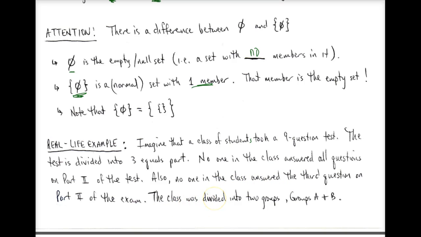So for all the students who took the test, we don't know how many it is, but whoever took it only answered question 1, question 2, or questions 1 and 2 in part 2 of that exam. And of course, this class was divided up into 2 groups, a group A and a group B. On the next page, I'm going to set that up for us.